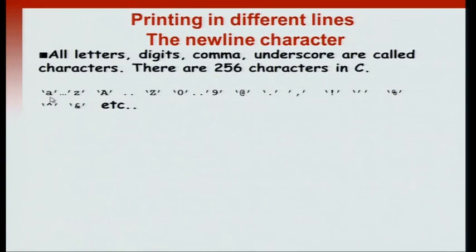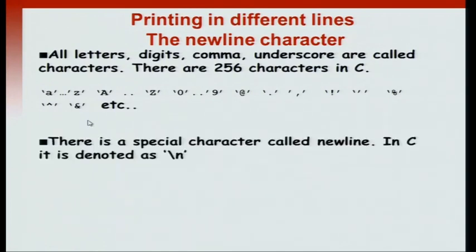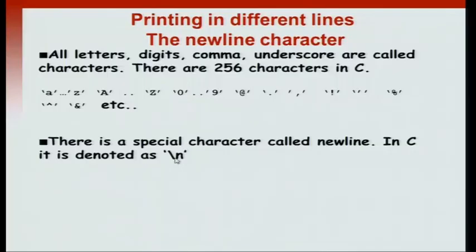So for example, the small letters a to z, capital letters A to Z, 0 to 9, the @ symbol, other punctuation symbols like dot, comma, exclamation mark and so on are all characters in C. Now in addition to this, there are certain things called special characters. So there is a special character called new line. In the C programming language, it is denoded as \n.